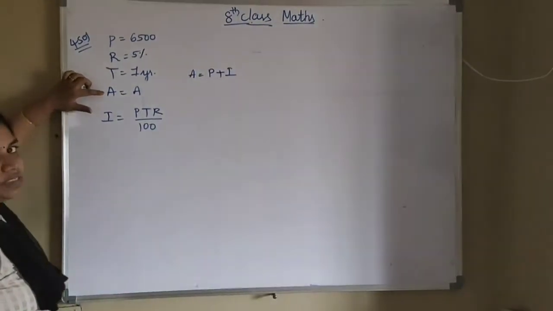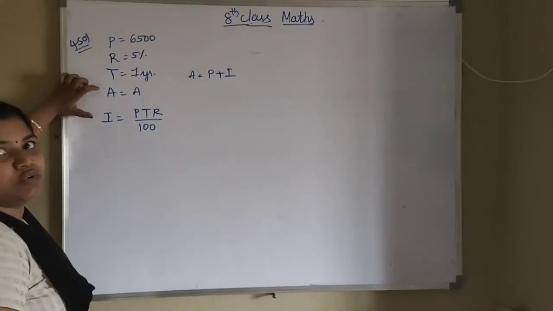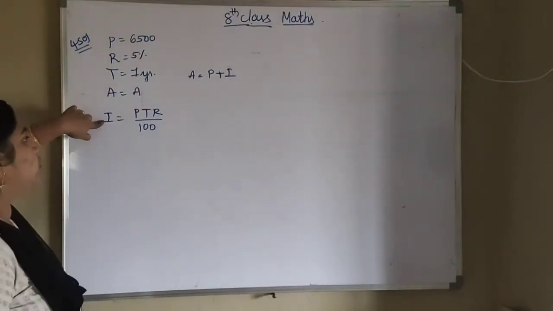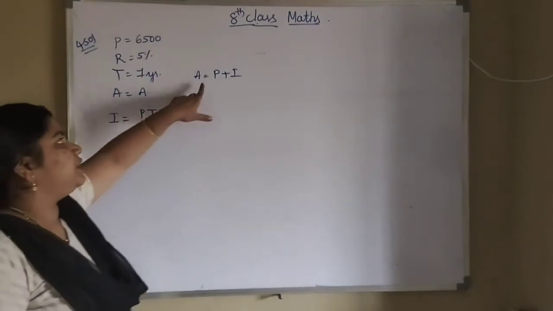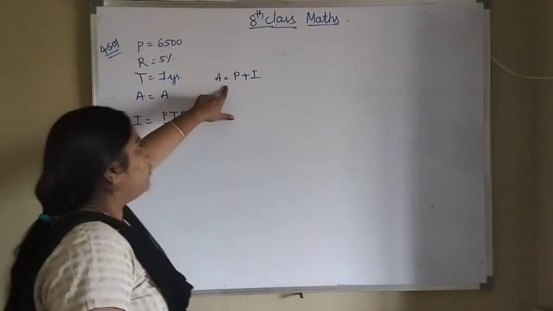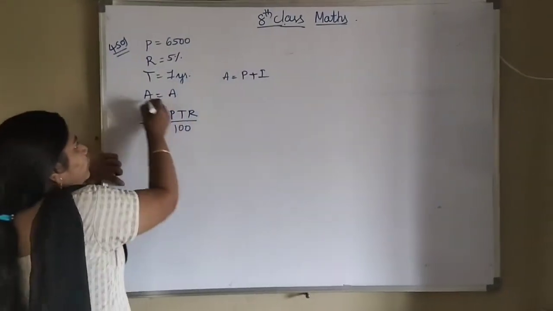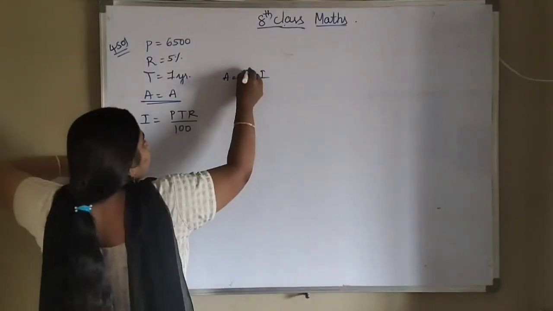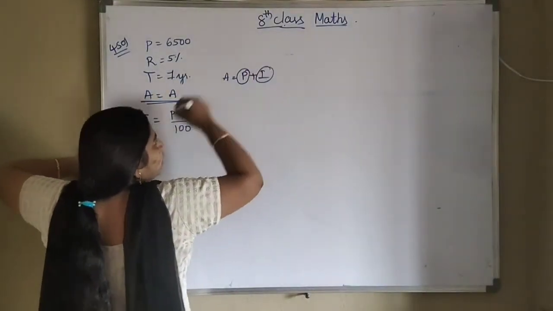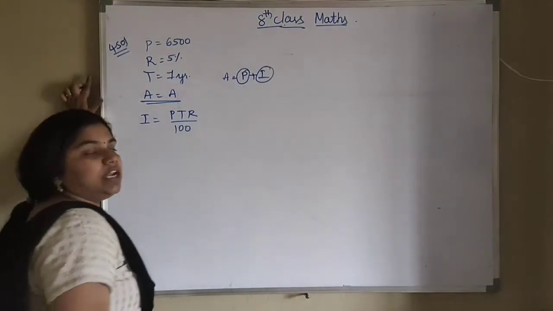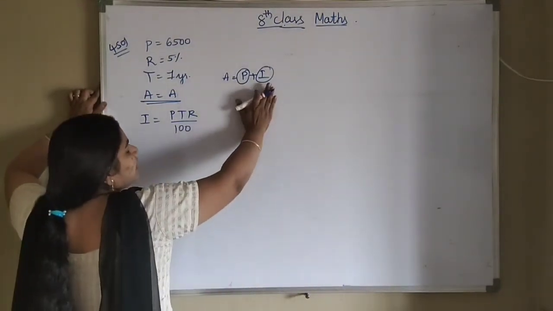We are having two formulas: I is equals to PTR by 100 and A is equals to P plus I. For finding this A value, we want the P value as well as the I value.